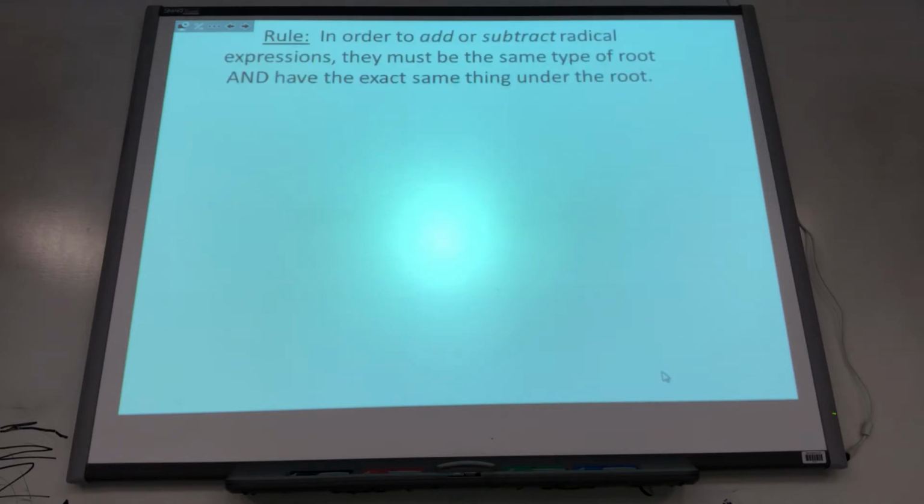Directions, I've got a rule here first. You can write this down again, or if you don't want to, I understand it should be in your notes somewhere anyway, but it's pretty important.